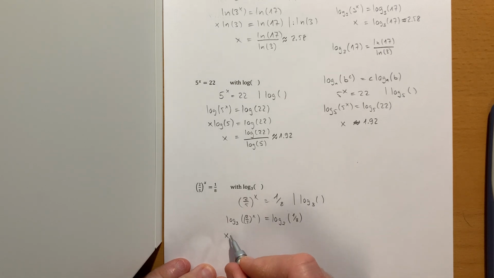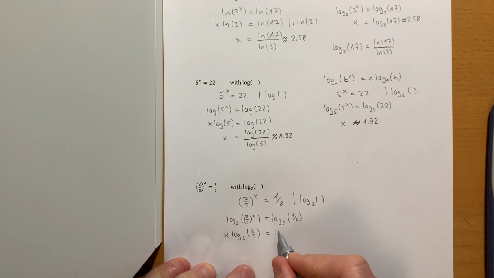Now we can take out the x: x times log to the base of 3 of 2/5 equals log to the base of 3 of 1/8. This is just a number. So x is log to the base of 3 of 1/8 over log to the base of 3 of 2/5.